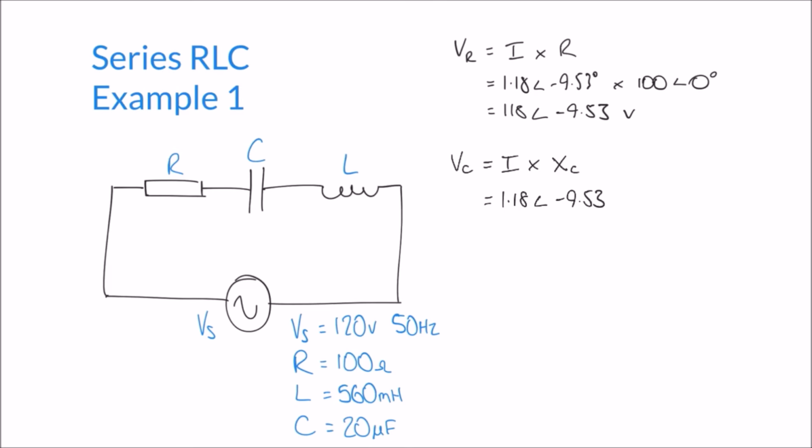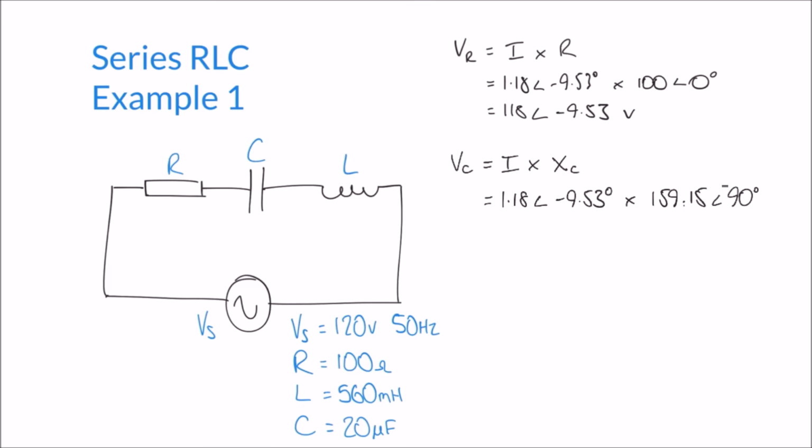We can also say that our reactance, which we calculated right back at the start, is 159.15, and remembering that it's a reactance and not a resistance, we have to include a 90-degree phase shift. So capacitors, their reactance is at minus 90 degrees relative to a resistance.